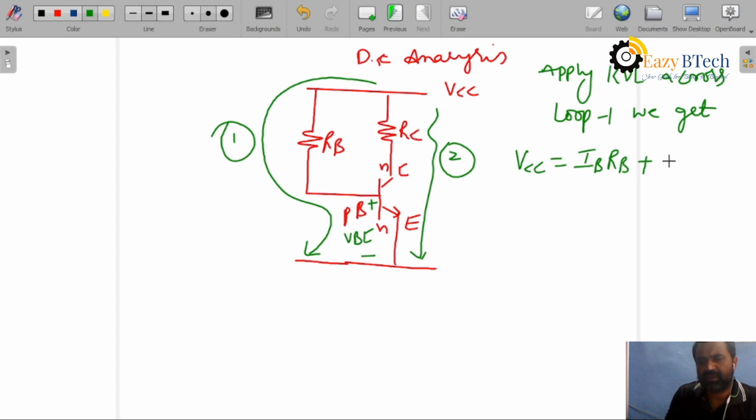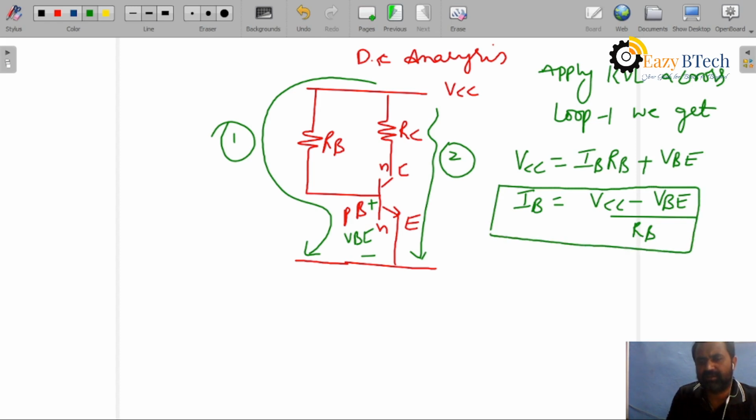VCC is equal to IB RB plus VBE. From this we obtain the IB value: IB is equal to VCC minus VBE by RB. We are finding the value of IB here.